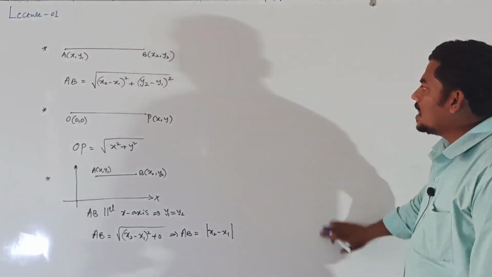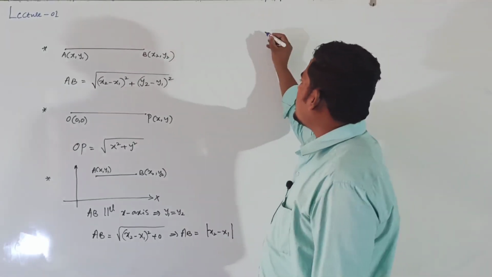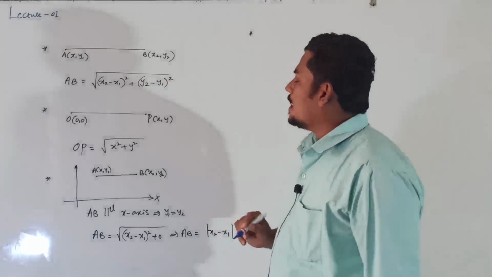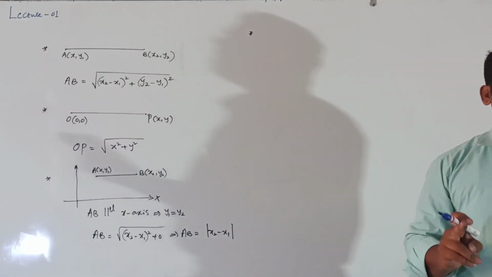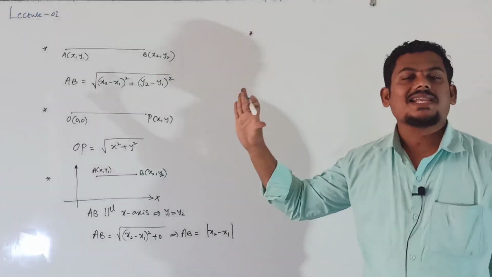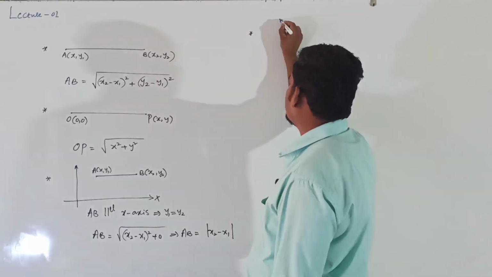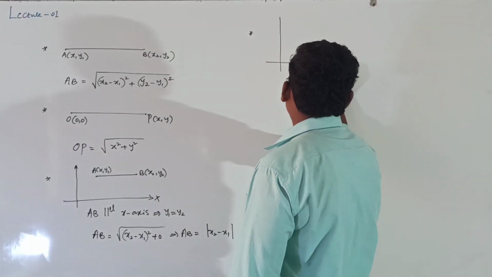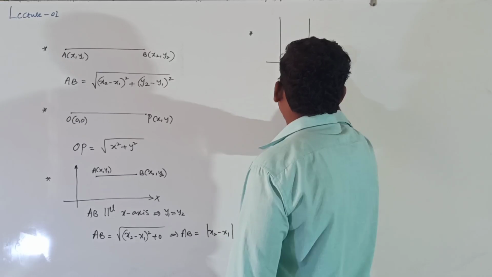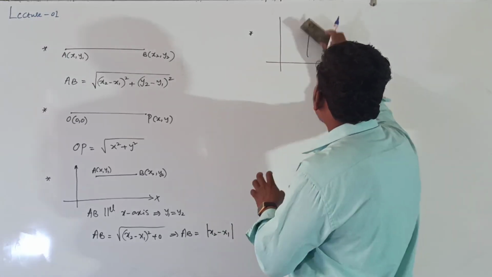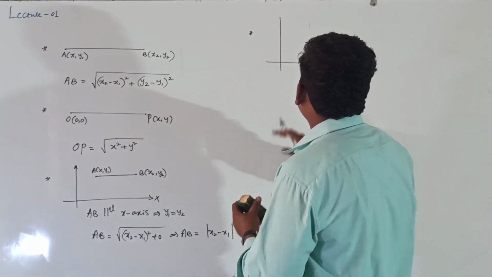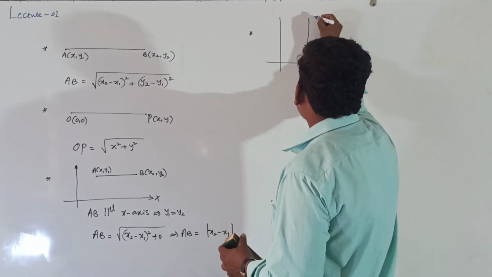Next, distance between A and B when AB line is parallel to y-axis, right? Distance between AB when AB is parallel to y-axis instead of parallel to x-axis.